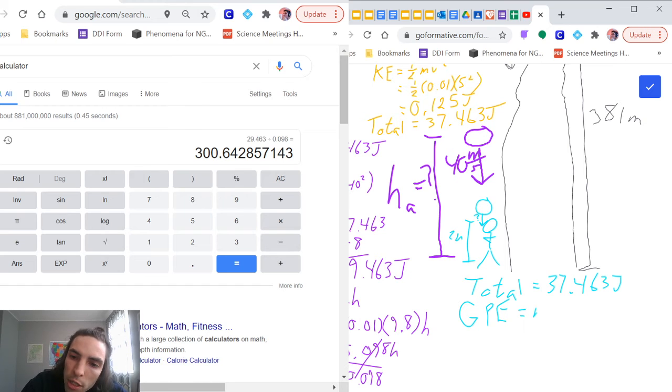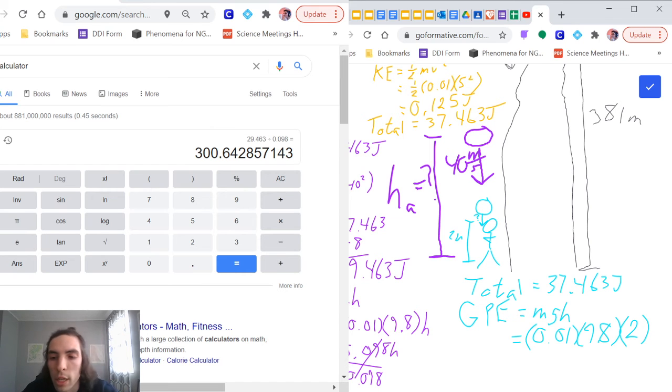Our potential energy is still just mass times gravity times height. Whoa, what in the world happened with that H? All right, so we know the mass is still 0.01 kilograms. G is still going to be 9.8 since we're on Earth. And then the height at this point in part B is 2 meters.